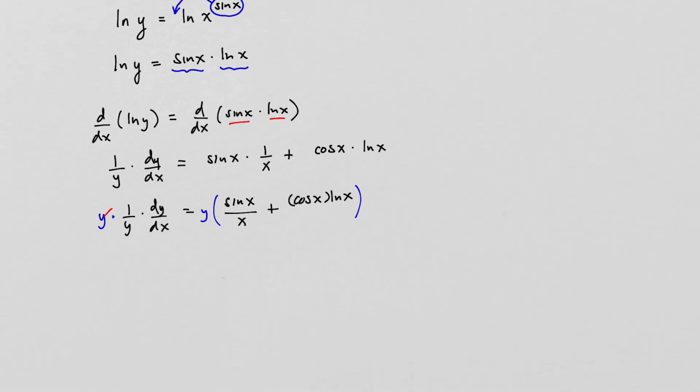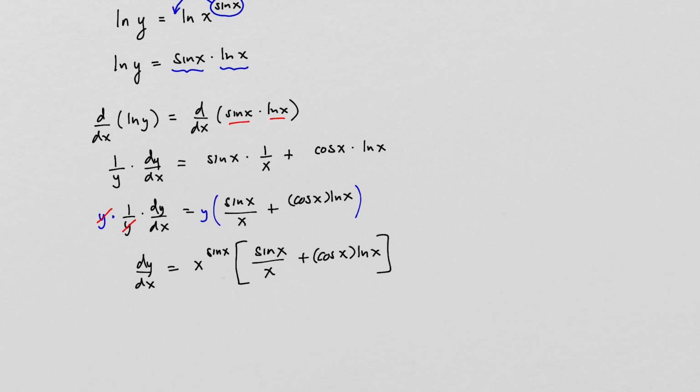And when we do that, the y's here cancel out, and we get dy dx is equal to, and then the last step is I'm just going to replace this y with what it was in the beginning. And let's remember that in the beginning, y was equal to x to the sine of x power. So we have x to the sine of x times sine of x over x plus cosine of x times the natural log of x. And this is our derivative.